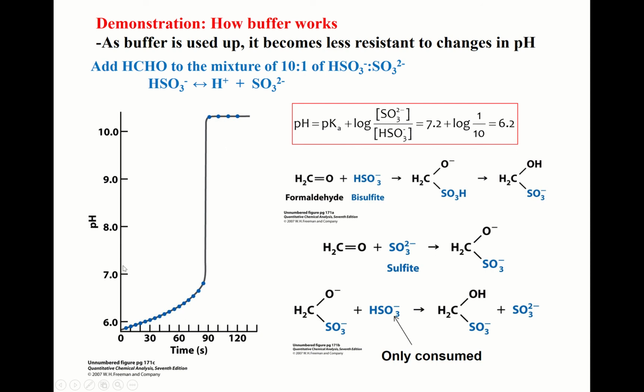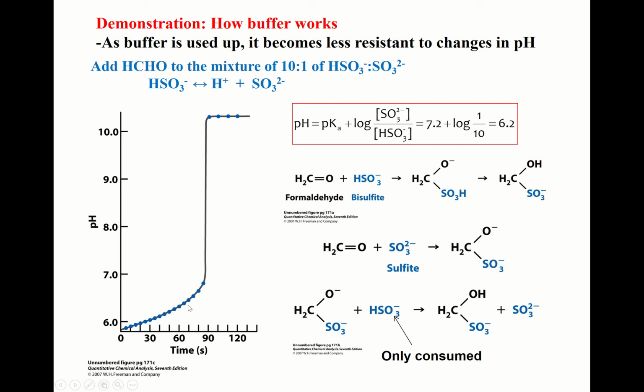Now this is the result. You start not exactly at 6.2, but around 6, and then you watch the pH change as a function of time. It slowly increases, and then at the end of the total consumption of this species, the pH rapidly, very rapidly increases to this value.